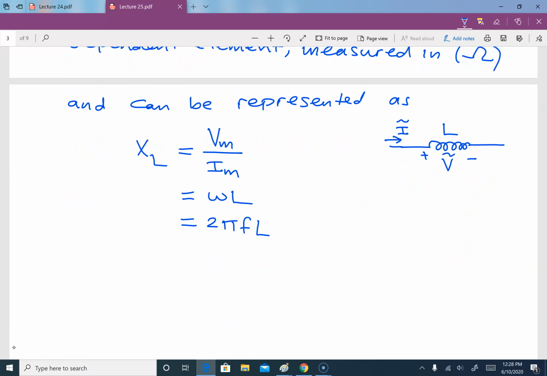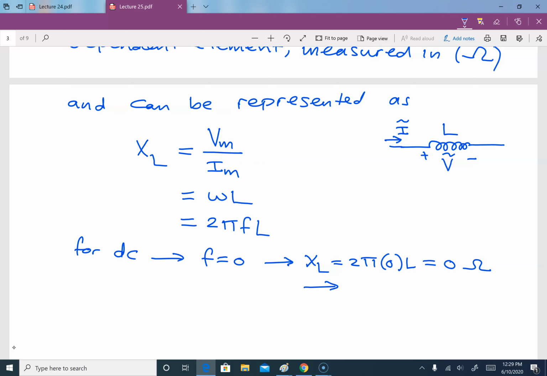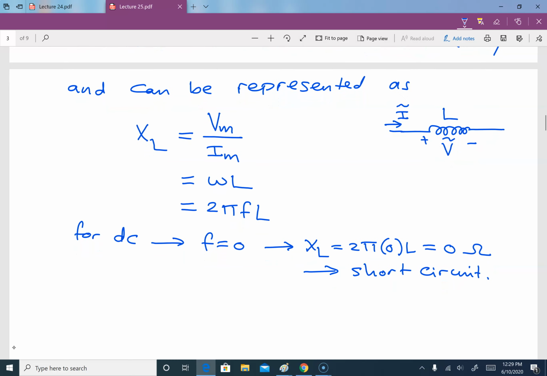So look at this here. When we have DC, frequency is equal to 0. Then our XL is equal to 2 pi times f, which is 0, times L, which is equal to 0 ohm. That's why we said that it will be a short circuit. Remember that? That is for DC.